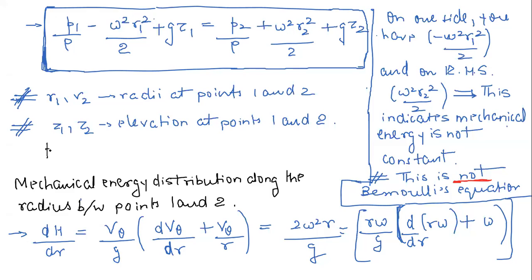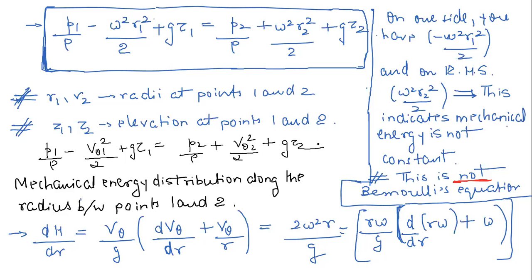Just tell me. Rotational energy. It is nothing but V theta 1 square by 2, right? Plus g Z1. This is equal to P2 by rho plus V theta 2 square by 2, plus g Z2. So it involves the tangential velocity at point 1 and the tangential velocity at point 2, that is, the velocity head at point 1 and the velocity head at point 2. So very important thing: what is the difference you noted here?